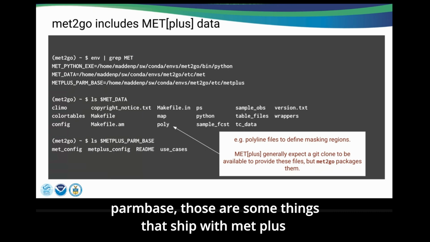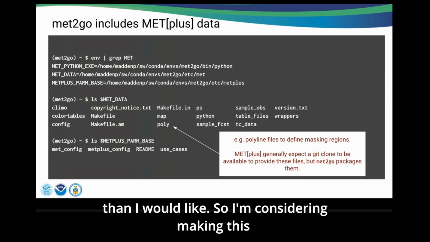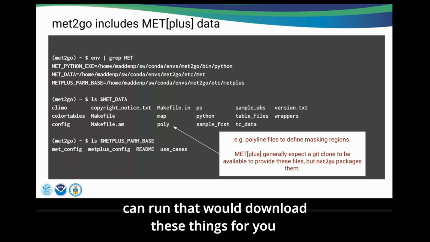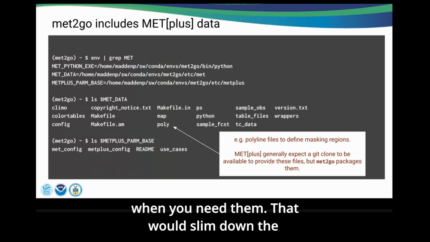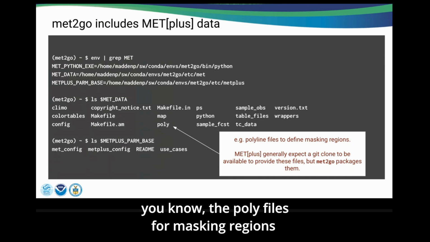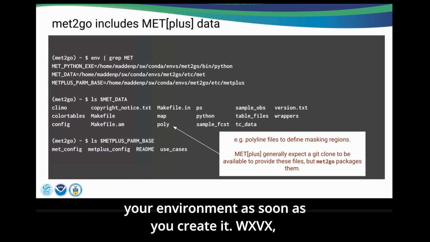Those are some things that ship with METplus itself. This does make the conda package larger than I would like, so I'm considering making this an optional addition, perhaps a script that you can run that would download these things for you when you need them. That would slim down the package. But this is handy that things like the poly files for masking regions during verification are available in your environment as soon as you create it.